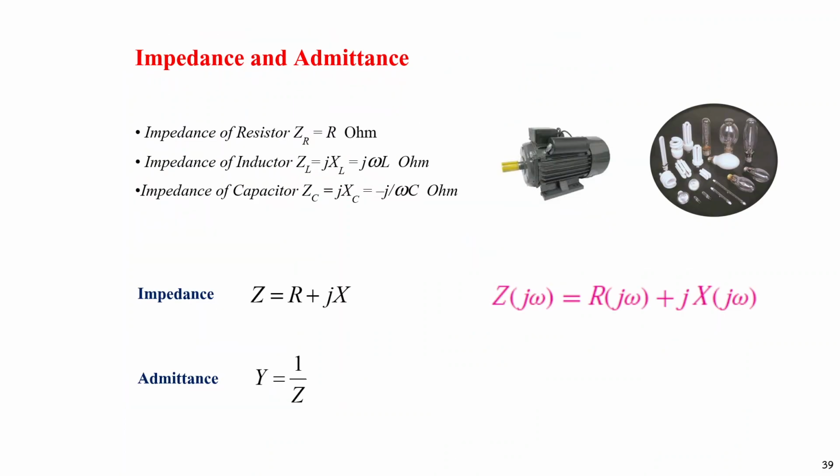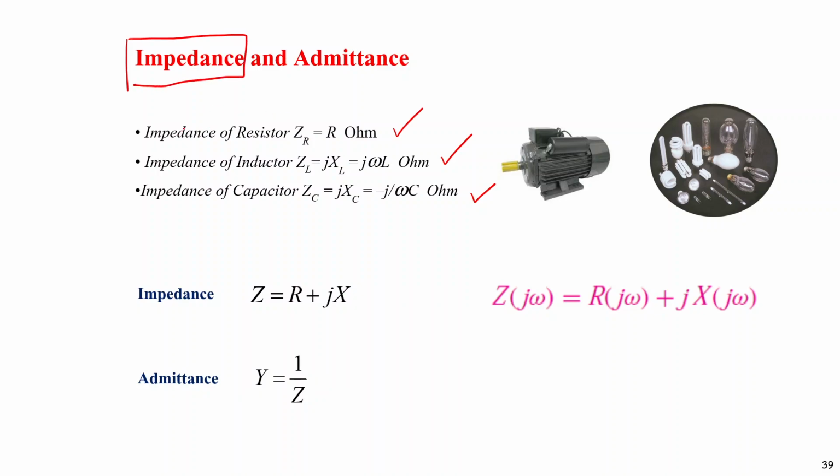So in practice, we have a load that is maybe a mix of R and L and C together. Okay, R and L and C together. So we can write down the load in the form of impedance.